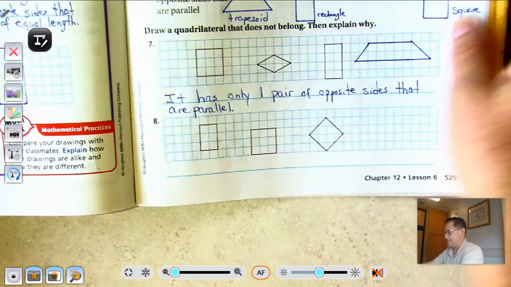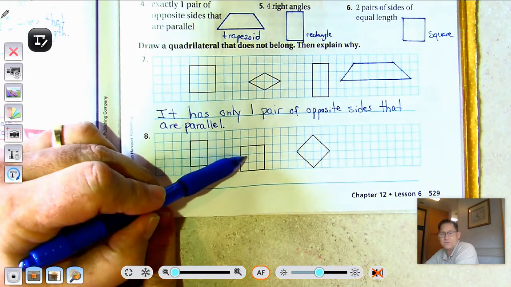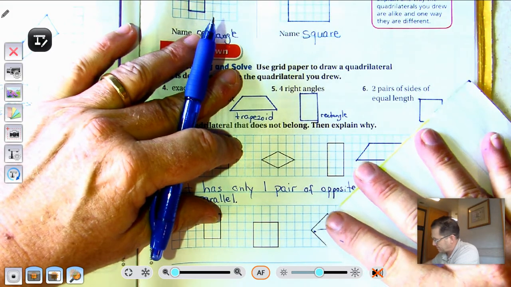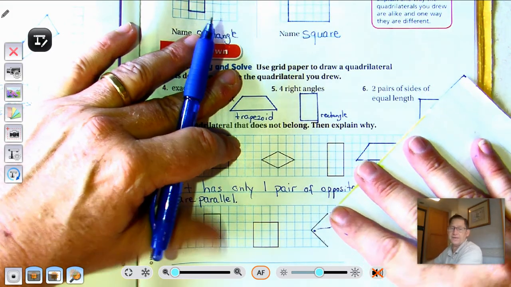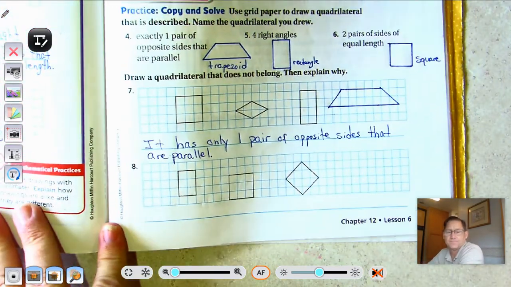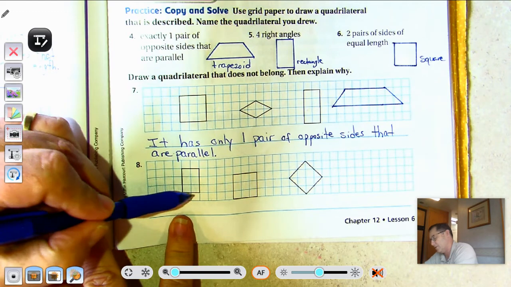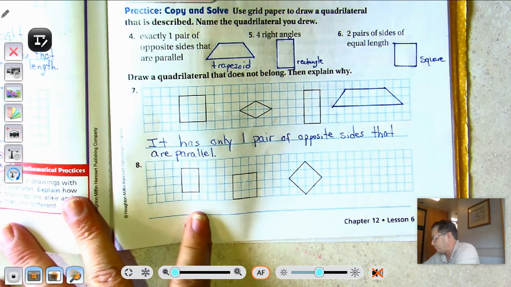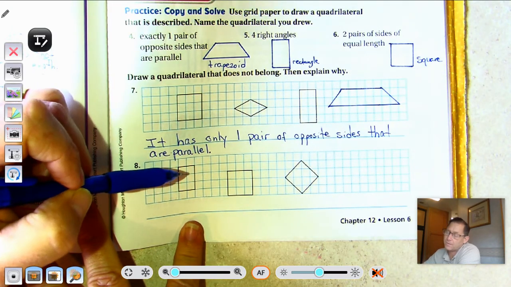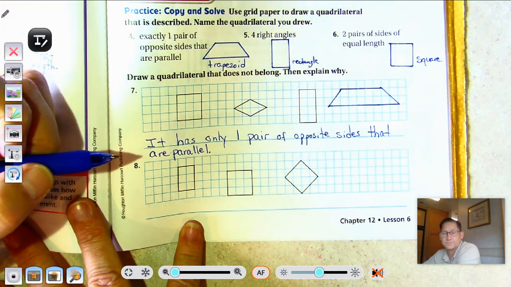Okay. How about number 8? So I see 4 right angles in this shape. I see 4 right angles in this shape. Does this shape have 4 right angles? Yes, it does. Okay. So all those angles are the same. So this one has 4 right angles. Are they all of the same length? 1, 2, 3, 1, 2. No. So these all have two pairs of sides that are of equal length. They all have four right angles.